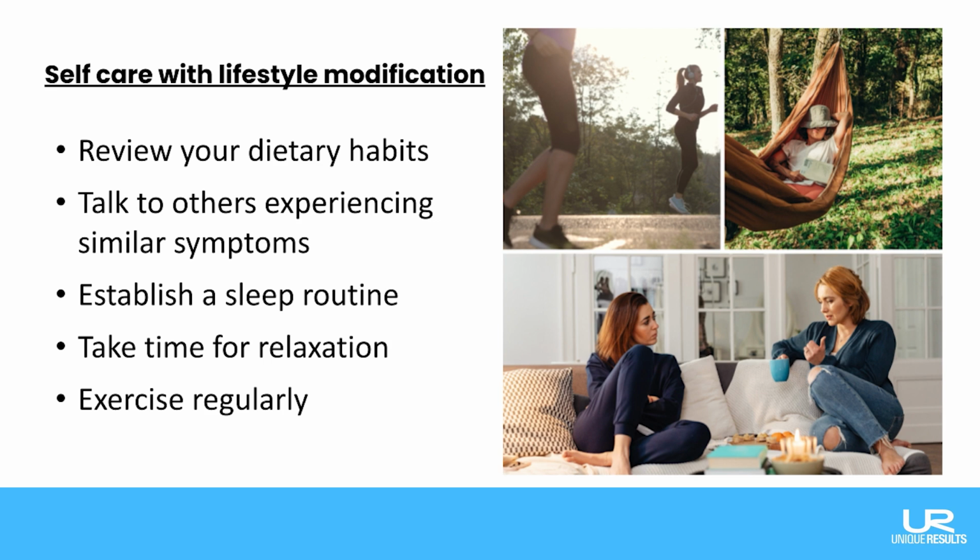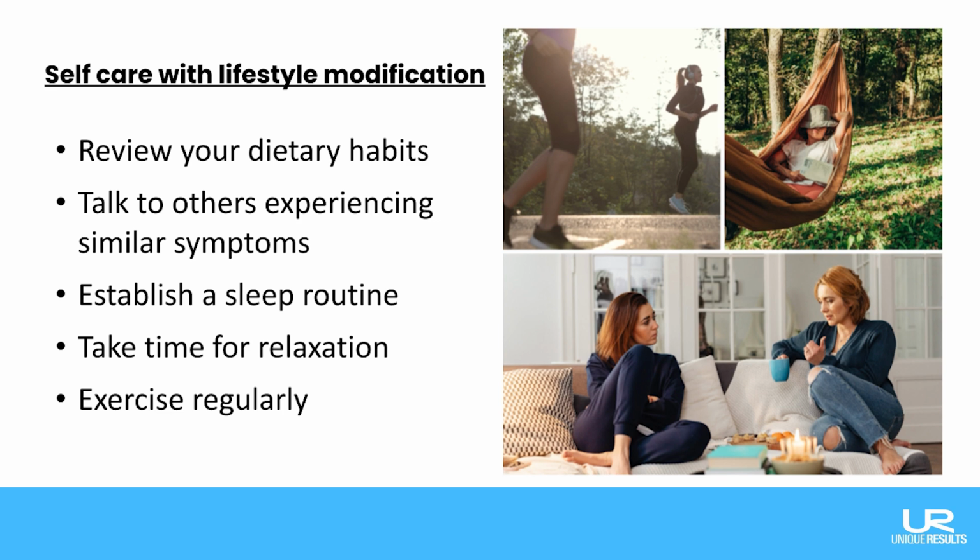Self-care with lifestyle modifications. Some of these things we're going to cover a little bit more in Module 2 and 3, but it's important to review your dietary habits and your daily lifestyle. From puberty until now, we've built different habits that have worked for us, worked for our busy lifestyle, but also worked for our body with a higher estrogen level, where maybe we've had a little bit more energy, we've been a little bit more on the ball, and now our estrogen levels are declining.